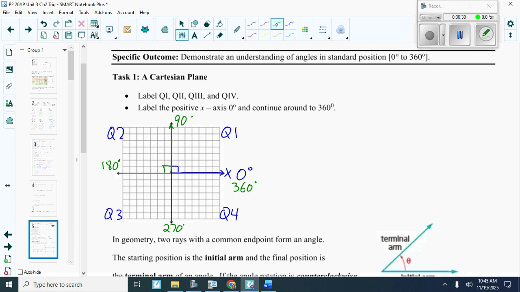So what we're going to start seeing is angles that are anchored from our x-axis, and we're going to have to figure out what this angle is.